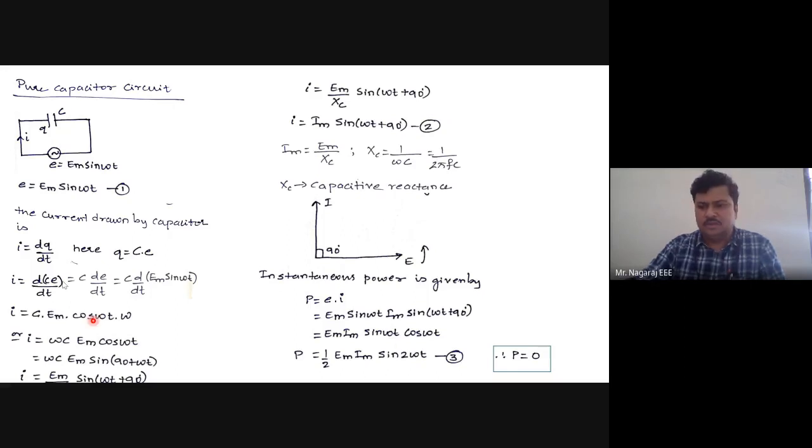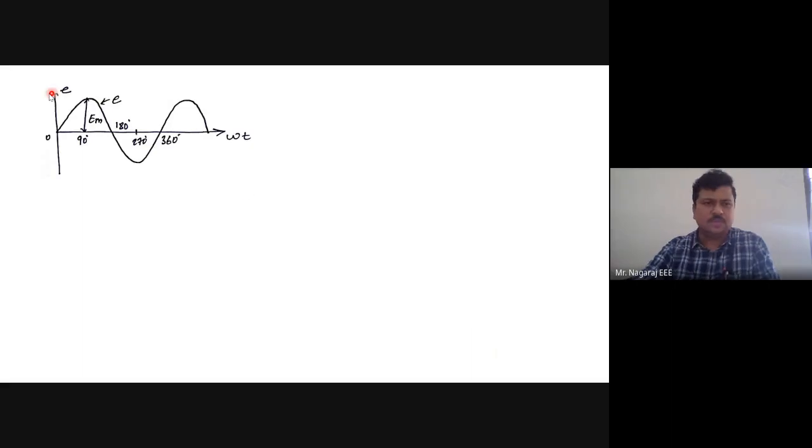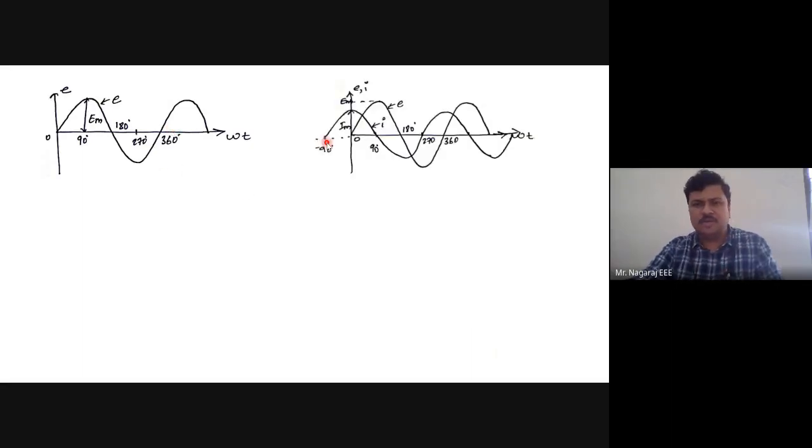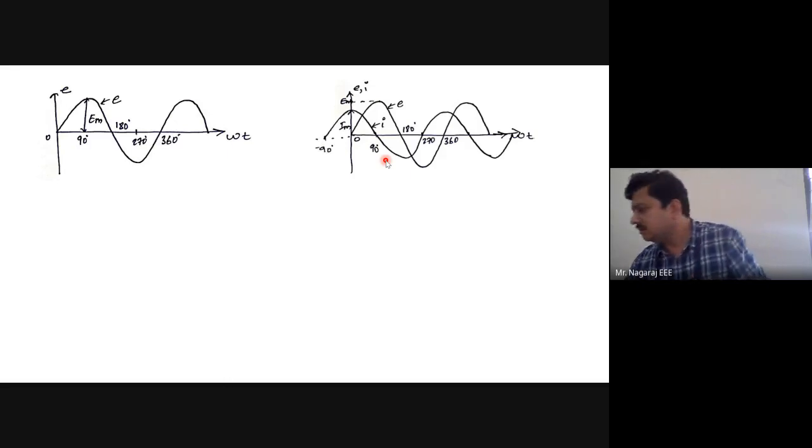Now when I see the waveforms, this is supply voltage equal to Vm sin omega t. Now Im sin omega t will start 90 degrees earlier to voltage. That is the meaning of leading, current leading the voltage by an angle of 90 degrees.